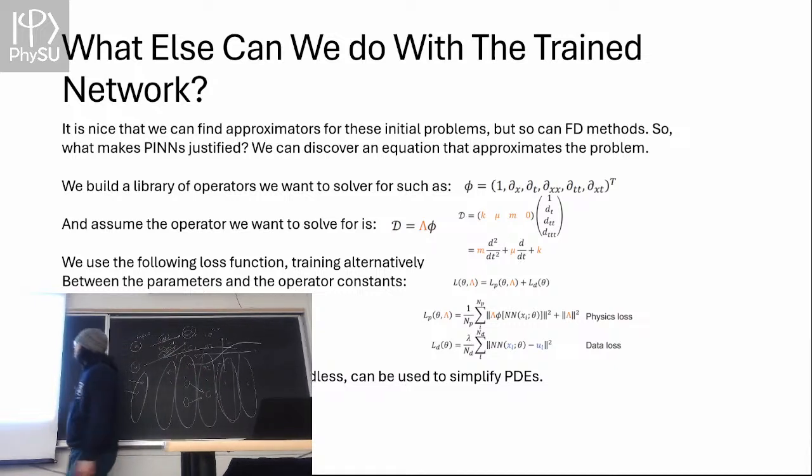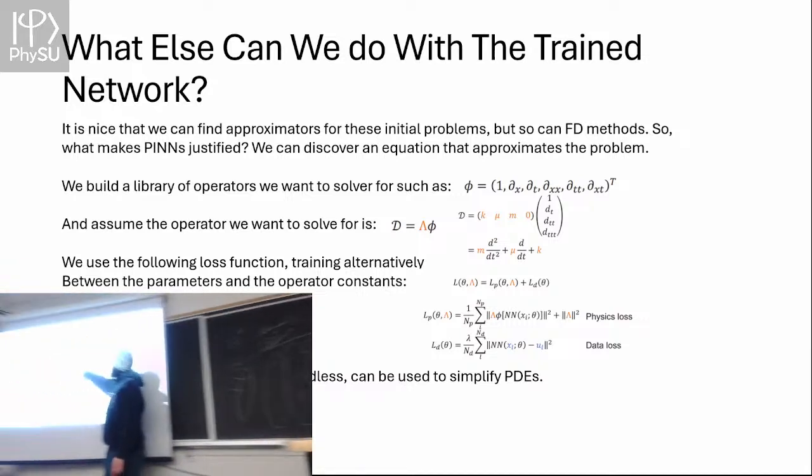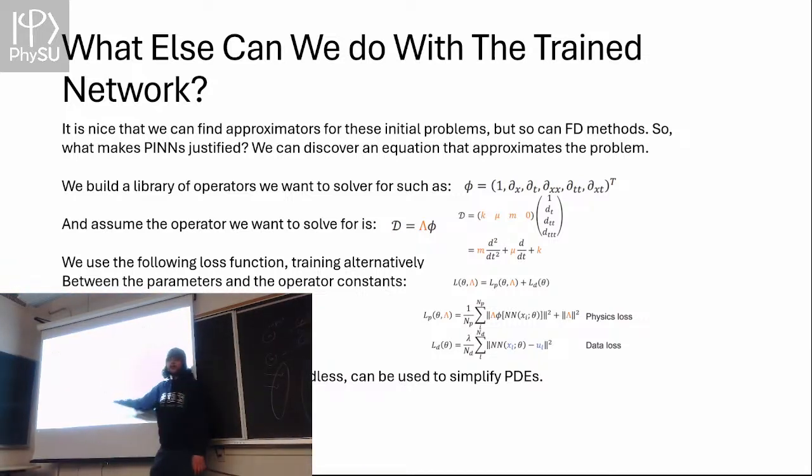But anyways, so we set it up like this. We want to solve for this, I forgot the name, this derivative operator, and then we set up the library as this, and then we multiply it by the constants, because all of these single derivative operators are going to have some constants, right? So we set it up like this.